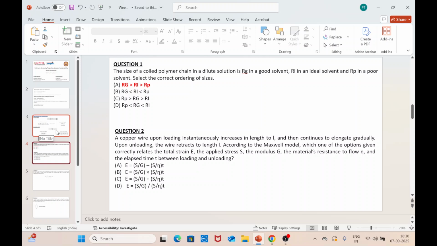So if you see here, it is typically more like the strain is expressed as a function of time.